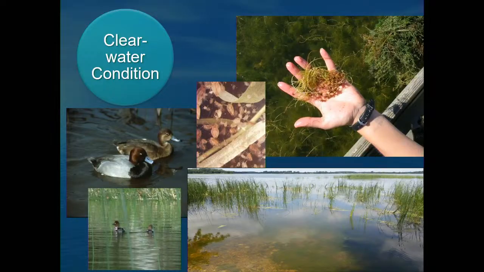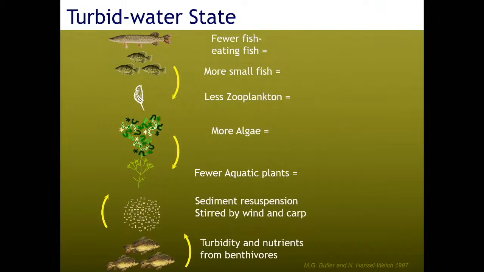So how this actually kind of works. In a turbid water state, it works from the bottom up and the top down. When we've got real dirty water, we don't have a lot of big fish-eating predators out there. We don't have the big northern pike, the big walleyes. Because of that, we're gonna get more small fish, say maybe little crappies, fatheads, those type of fish.